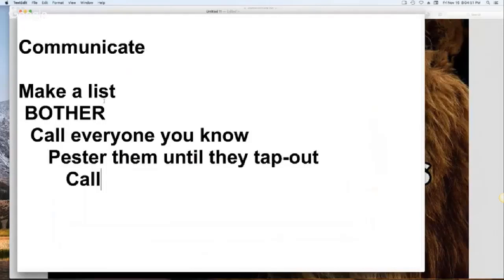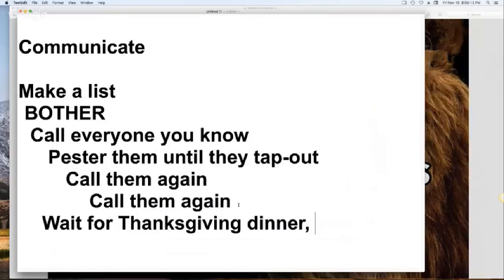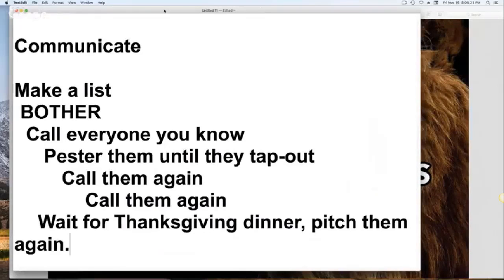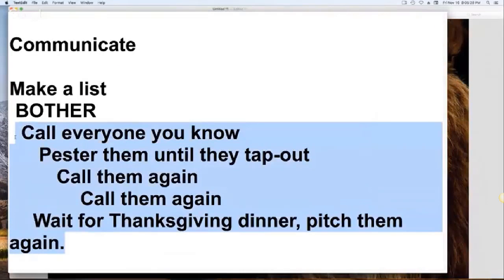Call them again. This is how salespeople teach you to do it. And then we wait for Thanksgiving dinner and pitch them again. Hey, Thanksgiving's coming, guys. It's a great opportunity to pitch your business to your family. Oh my God. I don't do any of this, but this is what most people do anyway.